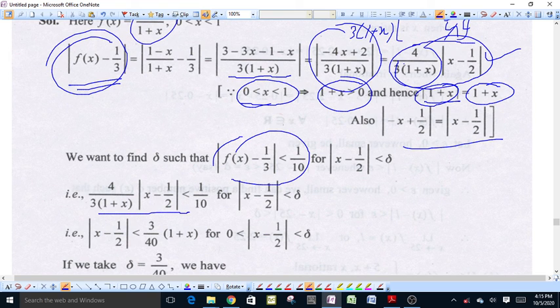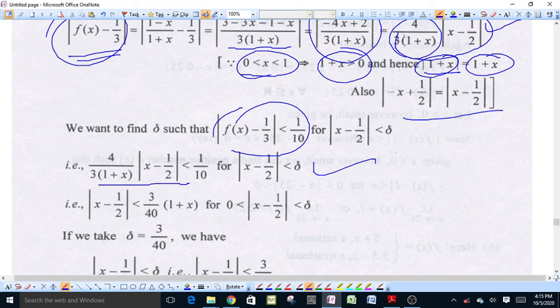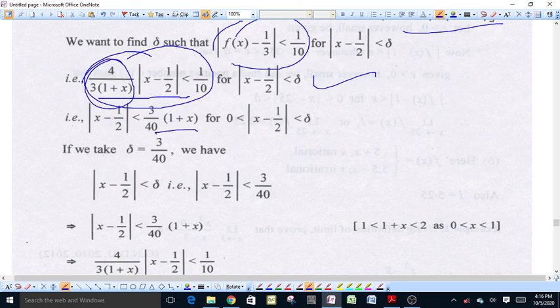This becomes less than 1/10 for |x - 1/2| less than delta. By solving this step, if we transpose this term to the right side, |x - 1/2| becomes less than 3/40 into (1 + x) whenever |x - 1/2| lies between 0 and delta.